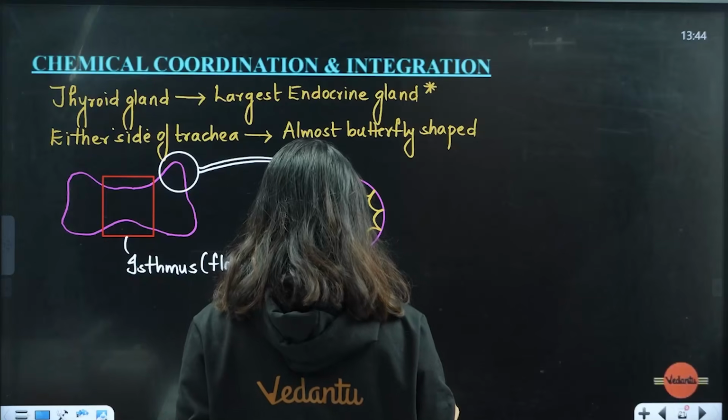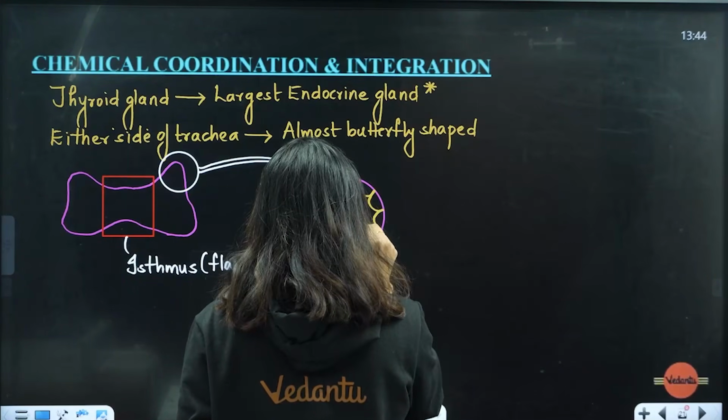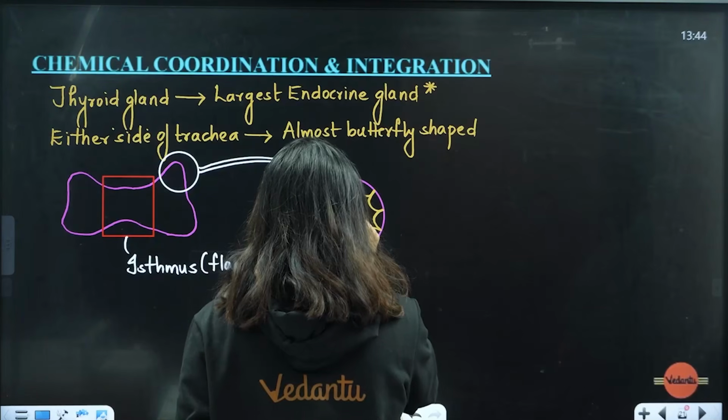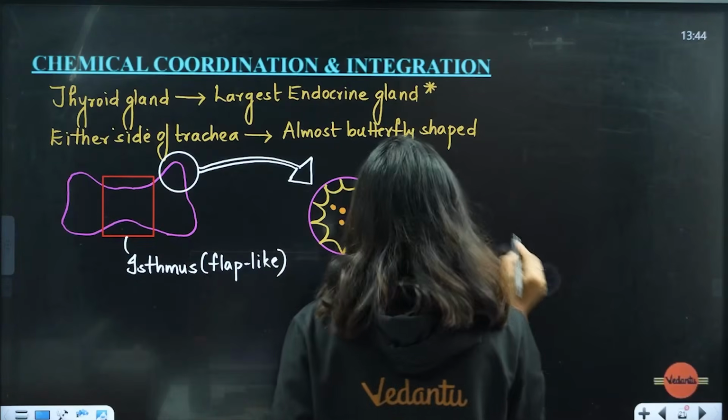I think most of you would have seen it in the 3D. I'll show it once again if you want. This is the colloid where the storage will happen. Okay, this is the thyroid gland. Done? Here we go.